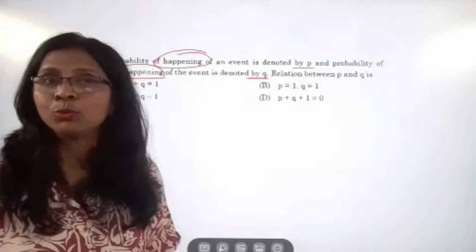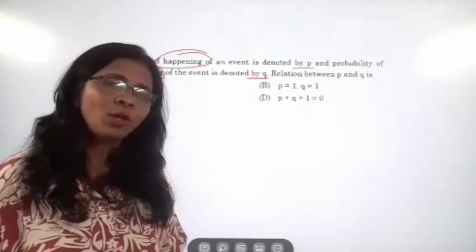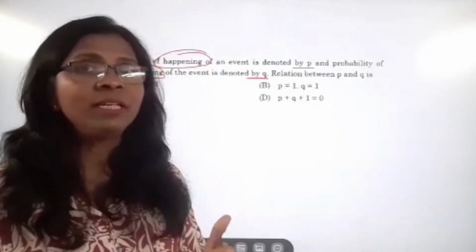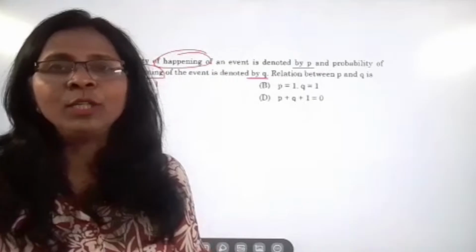We know that the happening and the non-happening, their sum is equal to 1.